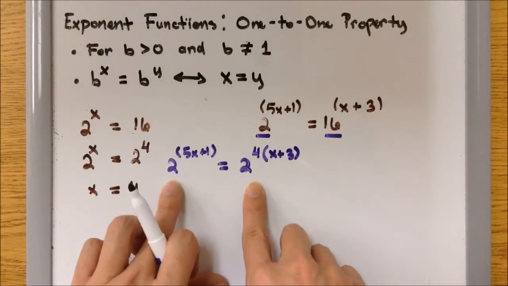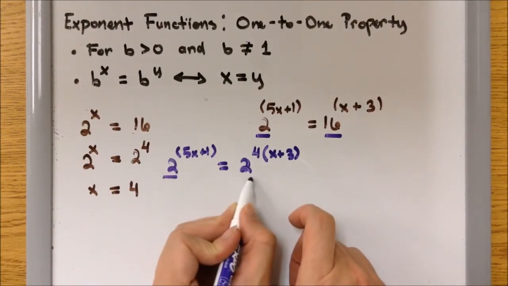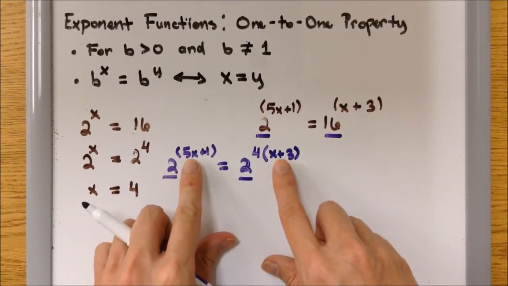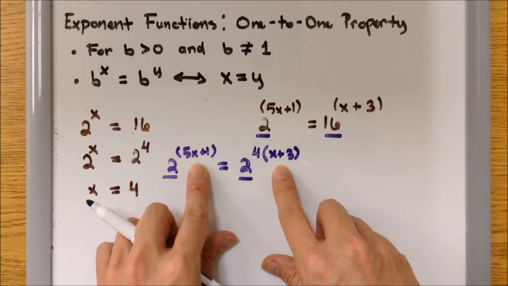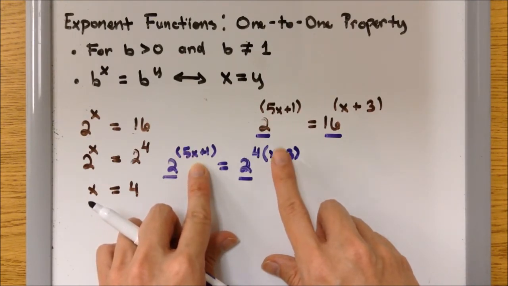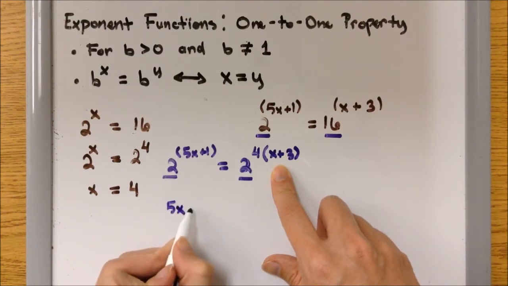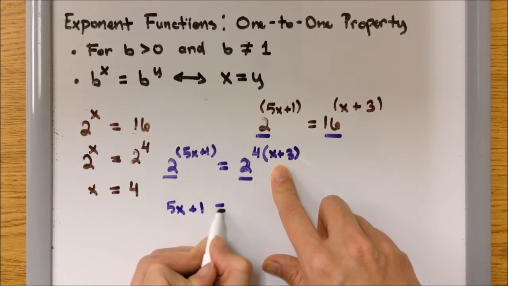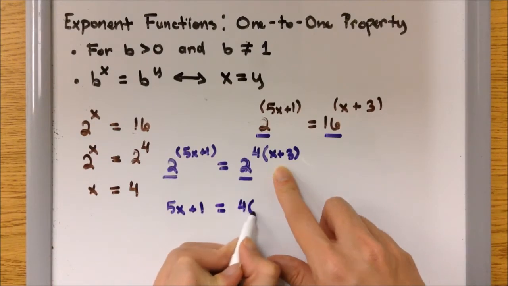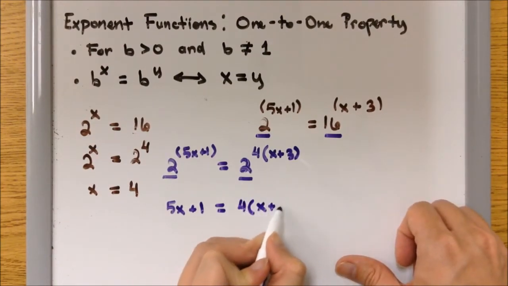Now, once we have the bases on the left and on the right the same, all I'm going to do is set the exponents on the left equal to the exponent on the right. So 5x plus 1 equal 4 times x plus 3.